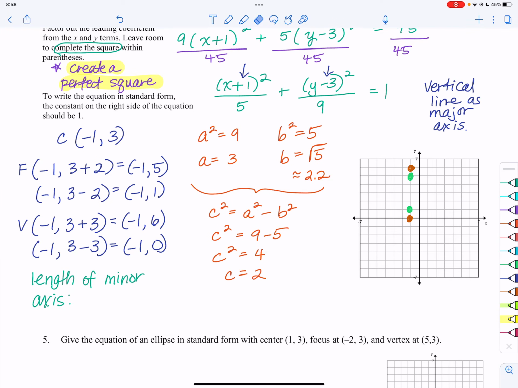Sorry, not the length. And of course, here we will have a total distance of 2.